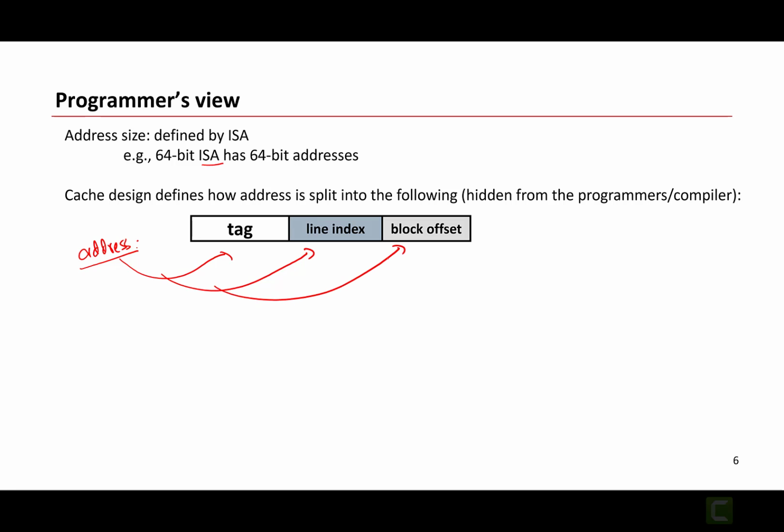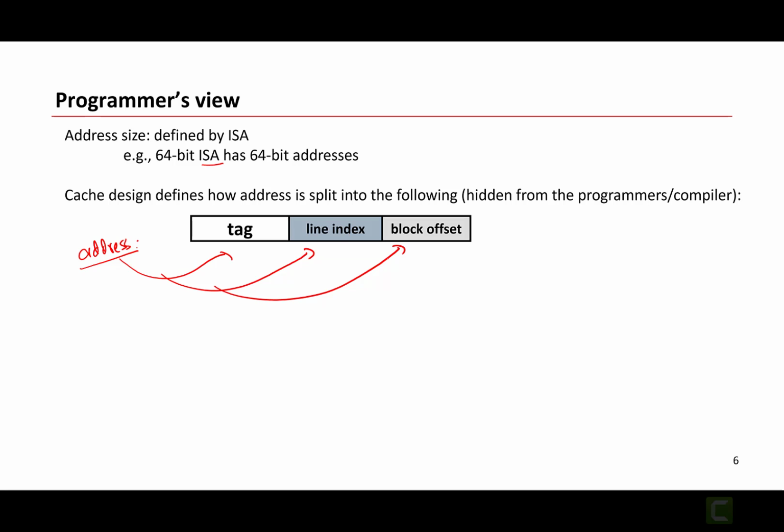That interpretation is specific to a cache design. And so it's a cache that takes the address and partitions them into those three fields. The details of how to do that is invisible to the programmer and the compiler, and they're not really part of the ISA.